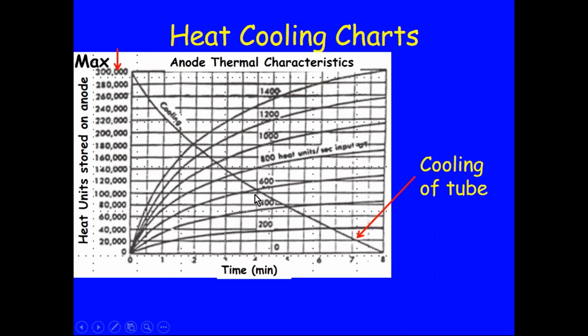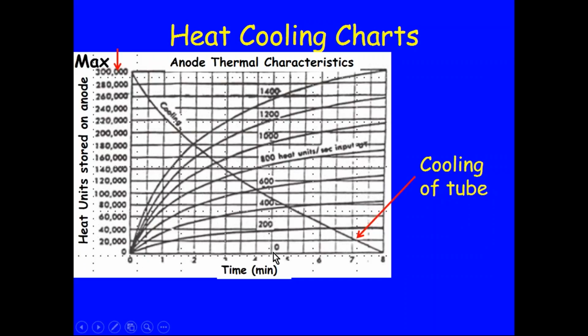To completely cool off to room temperature, that means 0 heat units, this particular tube will cool off in 8 minutes. It went from white hot, just about ready to melt and explode, and yet 8 minutes later it's at room temperature.